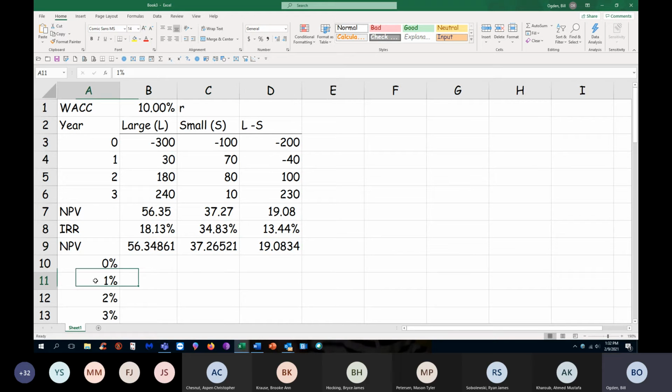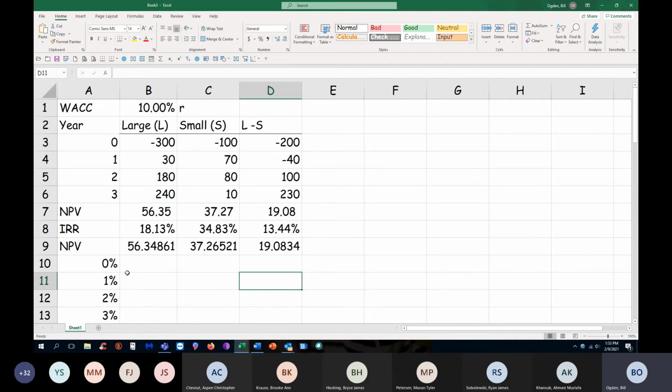I want it then to do 1% as the discount rate and recalculate these NPVs. All right, so rather than write out equations, there's a function in Excel that you should know, and it's called the data table.